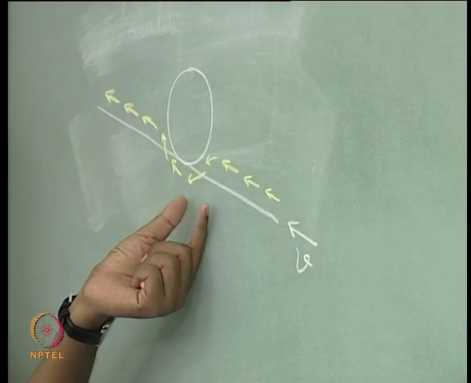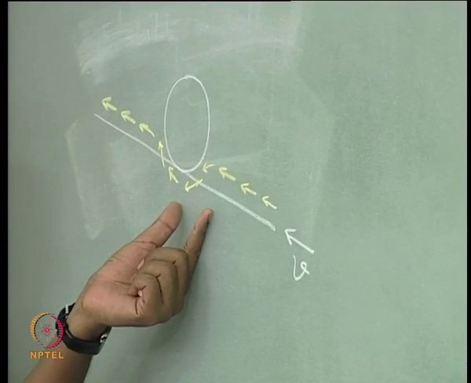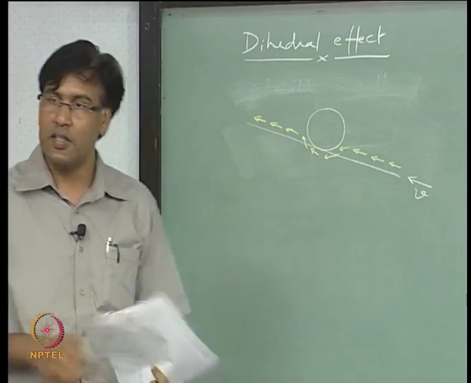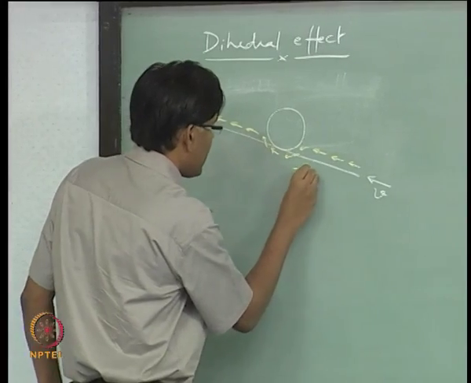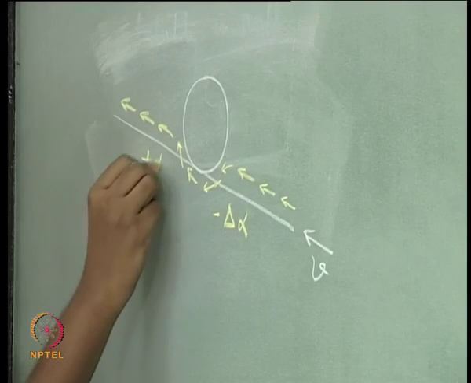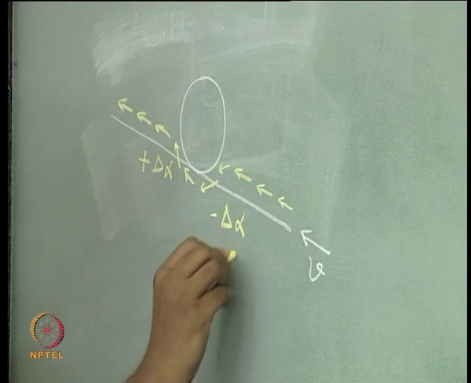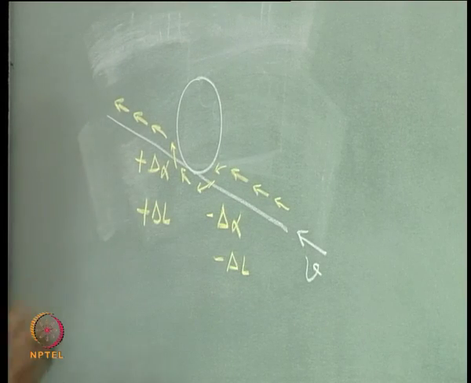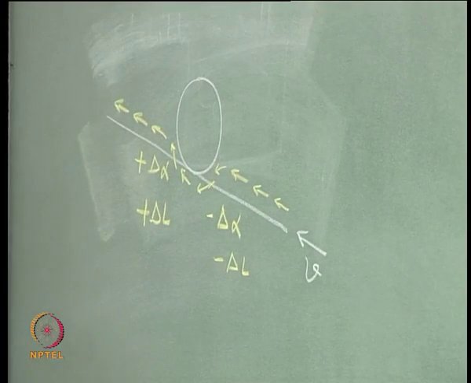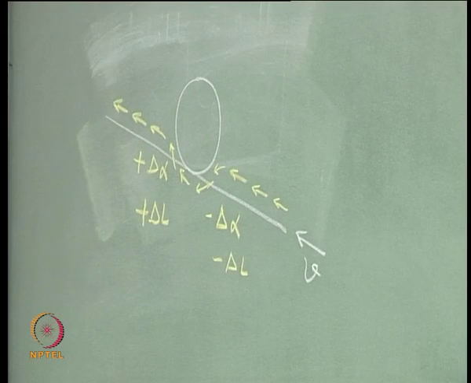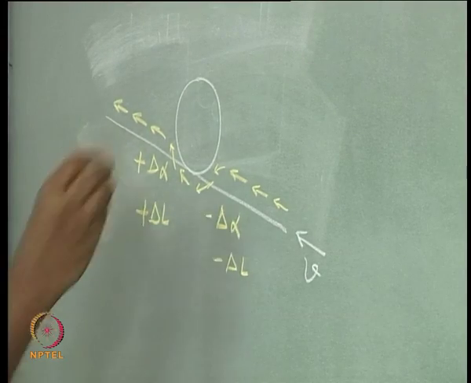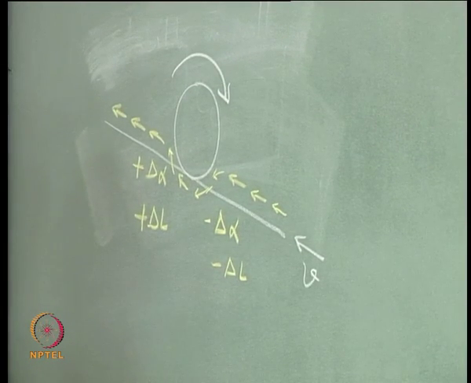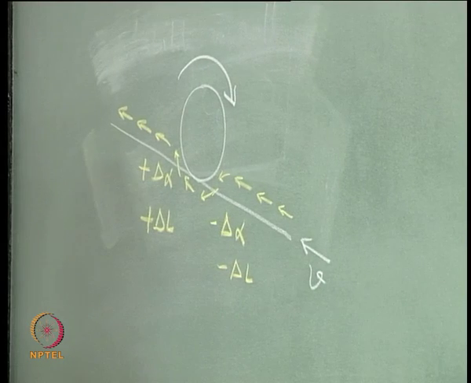Here there is a decrease in angle of attack, right, on this side very close to the fuselage. And the moment is a positive roll moment, right, because of this. So, it is going to roll further, right.